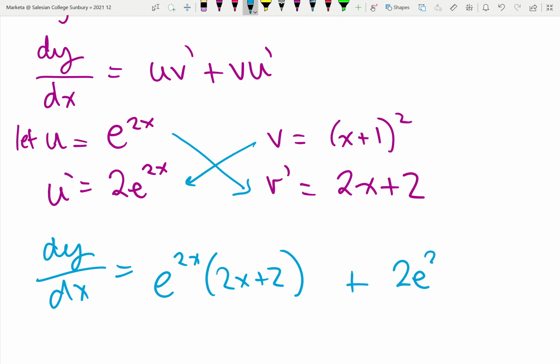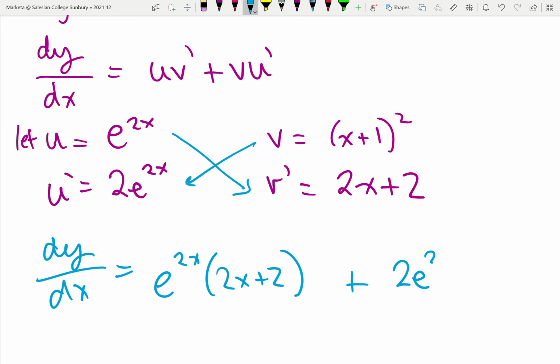So our f'(x) is going to be uv' plus vu', and uv' is x squared e^x plus vu', which is 2x e^x. So this gives us our gradient function here, and we can remove from the brackets.